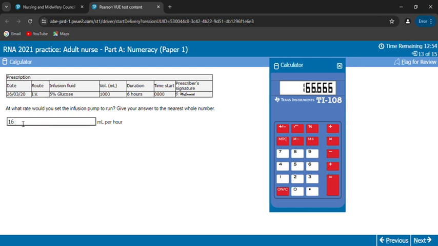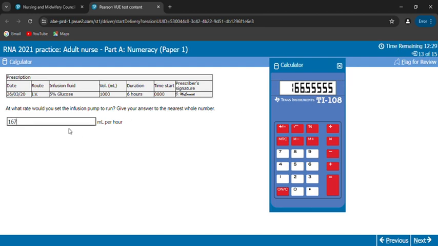So in that situation we will write 167. Like if the answer is 166.4, then we will write 166. If the answer is 166.5 or above, in that situation we will write 167.